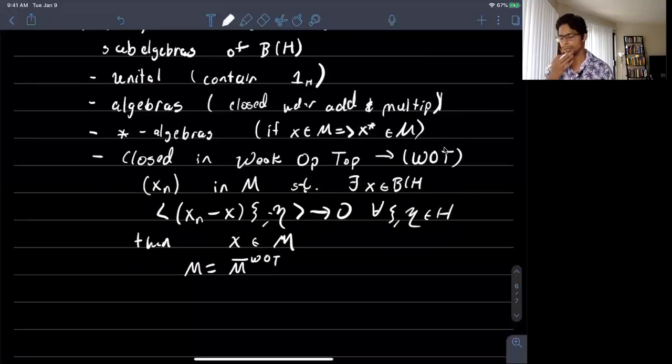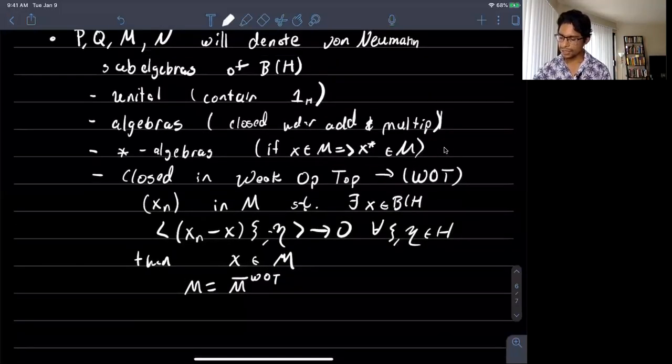So it's a pretty loose form of convergence. And you can imagine that this is going to introduce a lot more operators than, say, closing this in the uniform topology. So these things are going to be rather large monsters that you're going to be trying to understand.